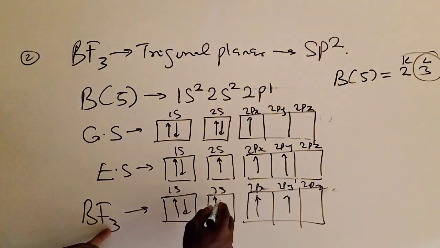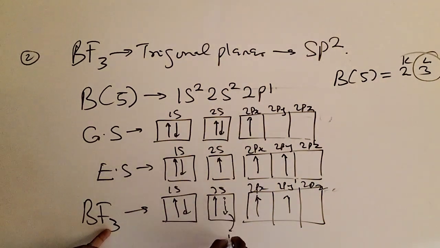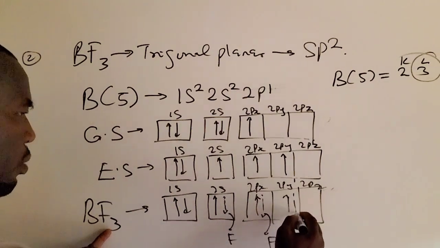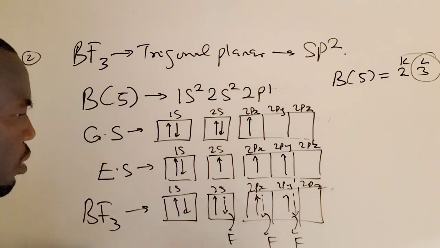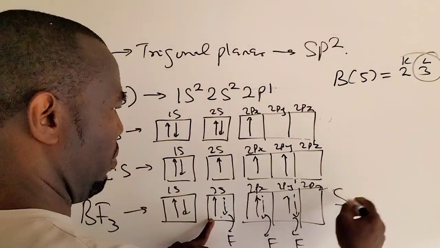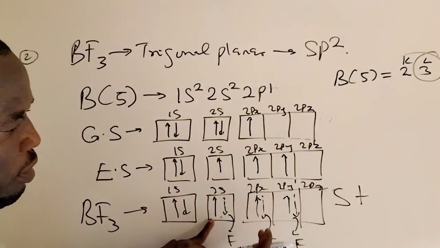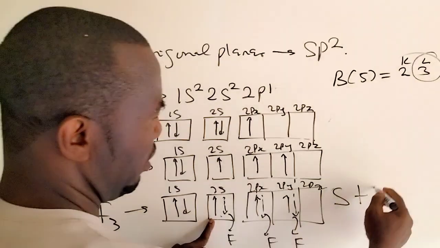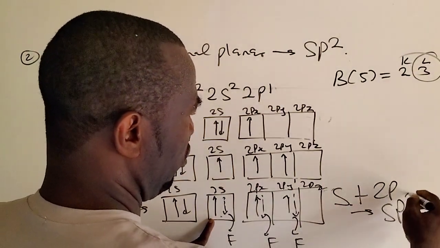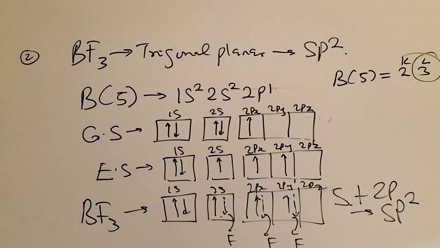So one fluorine electron will enter here, this from fluorine, another one, another one. So you now have this. In the hybridization scheme in boron trifluoride, I have used one of the s orbitals, that is the 2s, and 2 of the p's, that is 2p. That gives us what's called the sp2 hybridization scheme in boron trifluoride.